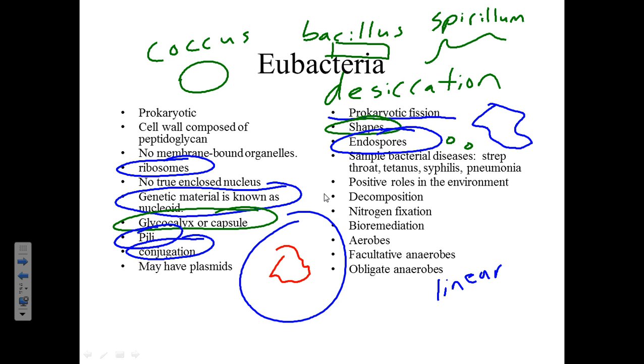Why not? They're treatable with antibiotics, at least most of them are. Most bacterial diseases, if you take antibiotics, you'll typically get over it. There are some exceptions. There are some bacteria that are becoming resistant to antibiotics, and that's a whole different problem. But most bacterial diseases we can now treat pretty well.